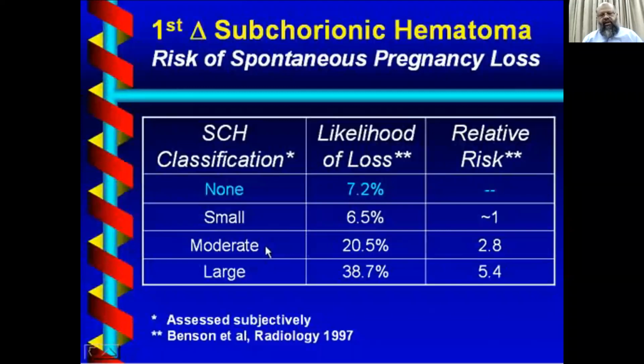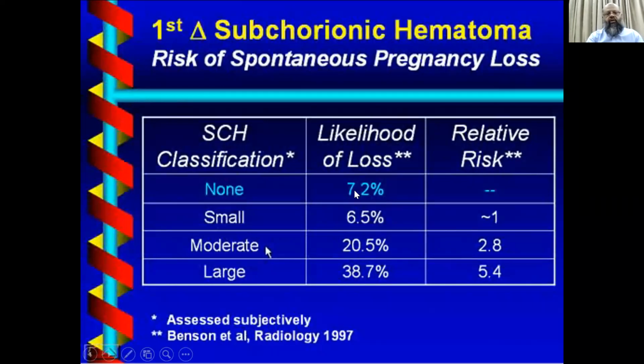So the risk increases. This was according to a study done in 1997 by Benson et al., published in Radiology, and these are the risks which are likely to be there.